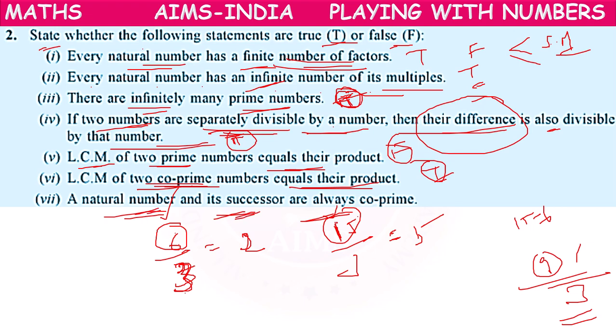If you take any number, 81 and 82, or 5 and 6, or 21 and 22, only 1 is common between two successive numbers. One is an odd number, one is an even number. An even number is divisible by 2, an odd number is not divisible by 2. So they are divisible only by 1, not by 2. If one is divisible by 3, the other is not. So a natural number and its successor are always co-prime. True.